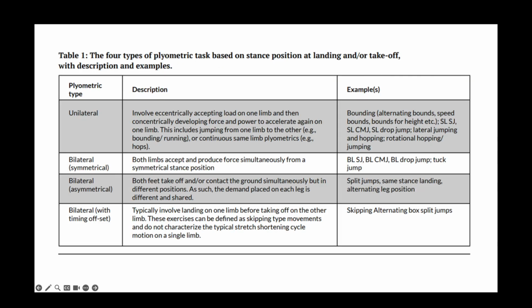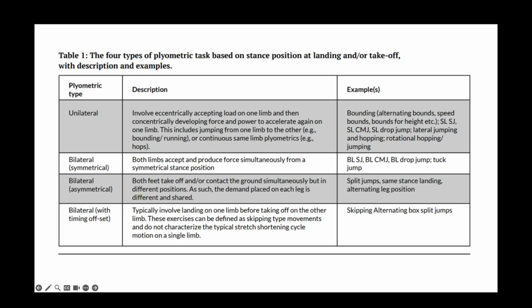Another way you can progress or regress is thinking about it with unilateral, bilateral symmetric, bilateral asymmetric, and bilateral with timing offset. So if you look in the back of the packet, there's a huge chart that has a bunch of exercises. It's from this study on ACL repairs by Buckworth.